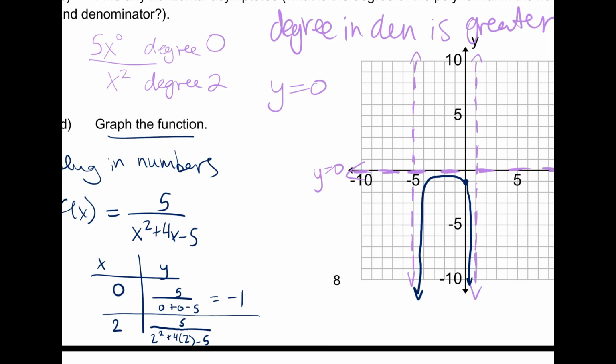If I plug this in, I have 4 plus 8 minus 5, which is 7. It's going to be positive, so it's going to be up here, a little more than 1.